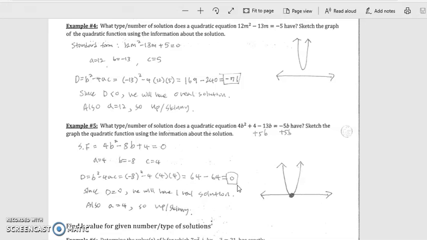Since your discriminant is 0, that means that you have one real solution, which means you're going to cross the x-axis once. Also looking at that, A is equal to 4, which is positive, so it should open up. So that's why we have a parabola opening up and only crossing the graph once.